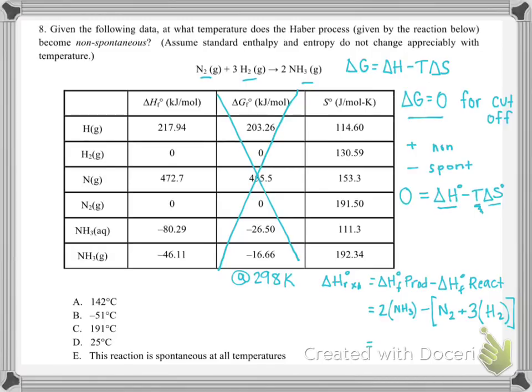Okay. So when we put this in, we're going to have 2 times, and we need the gaseous ammonia, not the aqueous ammonia. Okay, we have to match the phases. So this will be negative 46.11 kilojoules per mole.